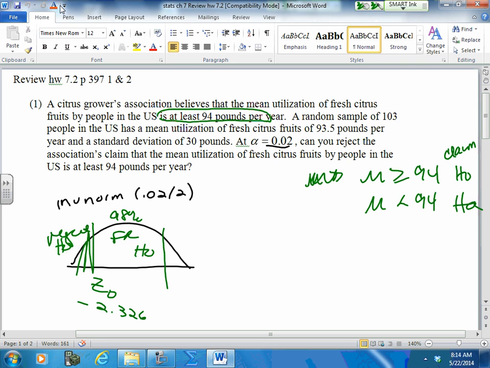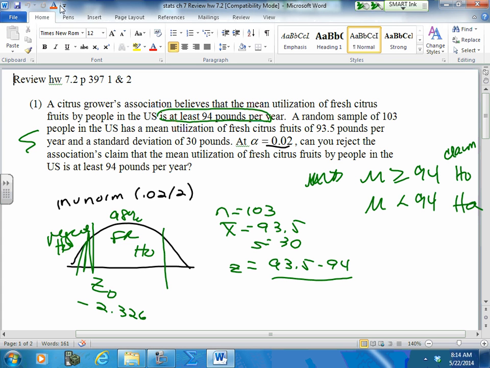Now that's your critical value. That's your cutoff. Remember what we do for the z-test. So now, find your sample information. You have a sample size of 103. You have a mean of 93.5. And you have a standard deviation of 30. So here's your z-score. Look, you're going to get a negative, and you should because it's on the left-hand side.